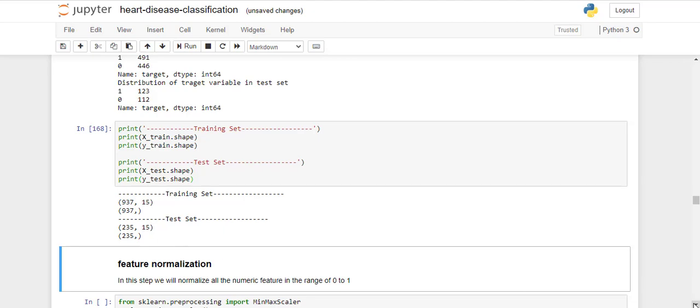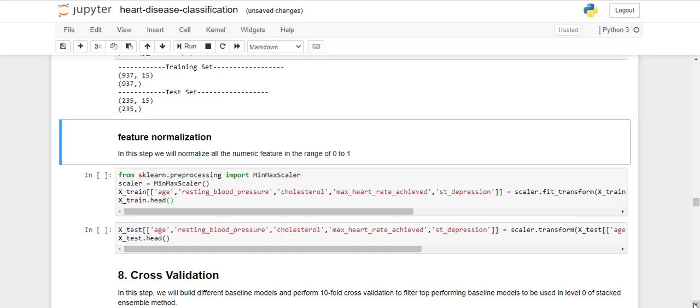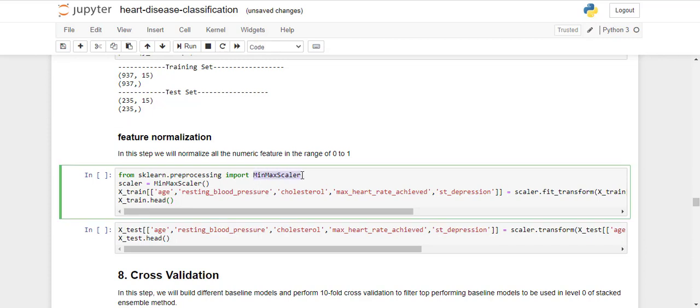So now comes the feature scaling part, feature normalization. As we know, some of our variables are in the range of 0 to 1, so that's why we are using MinMaxScaler. If that was not the case, then we would definitely use another feature scaling technique like StandardScaler or RobustScaler.